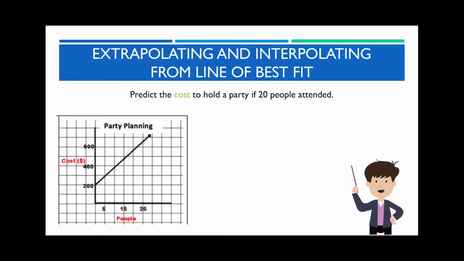This is what I mean by this. Looking at another example, let's say predict the cost to hold a party if 20 people attended. People is along the x-axis, so I'm trying to find out what the cost is when there's 20 people. 20 is over here at this particular point, so if I draw a vertical line going as such, I want to find out what the y value is at this point.